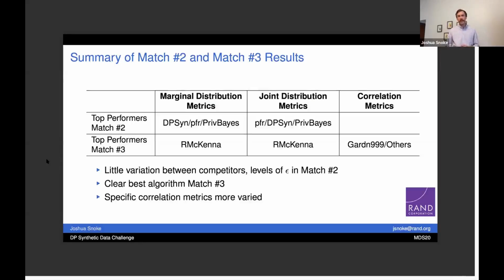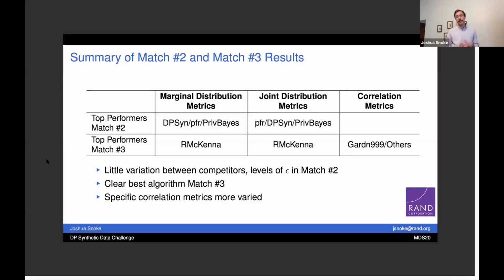One of the things I'll note here is that there was very little variation in Match 2 between the competitors and also between the different levels of epsilon. So the utility was pretty flat, even as epsilon increased. I think this was in part because the data set was pretty tricky to synthesize, and also because the levels of epsilon were fairly low. But again, there was not any clear best performing algorithm in Match 2.